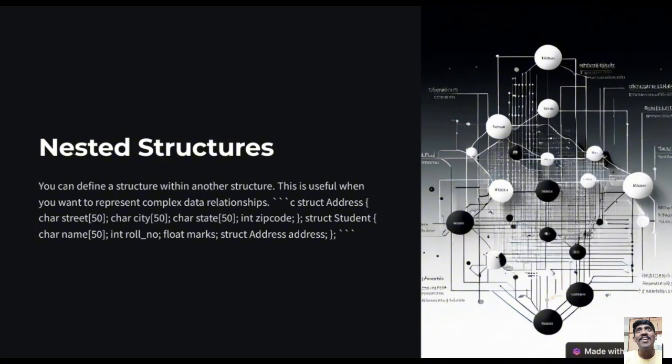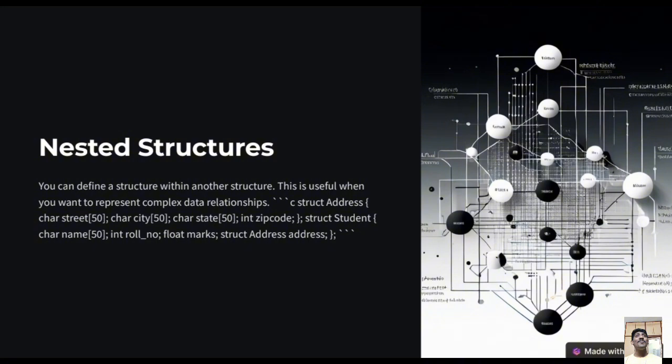Then we have structure initialization, where the syntax is struct tag name followed by variables v1, v2, v3, and it goes on till vn. Then we have how to access. We have initialization in the form of examples also: struct student s1 is equal to the name of the student, Sony, and numbers such as 1, 2, 3, 4 are given.